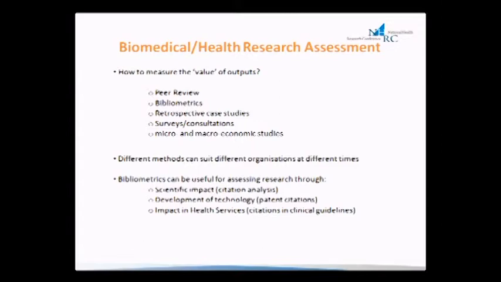You can use surveys and consultations, and there's the socio-economic aspect, which is very important to measure the impact of research. And so there's a lot of micro and macroeconomic studies that go on as well. And again, I'd reiterate that different methods of assessment will suit different profiles and different assessment exercises at different times, and indeed different organisations at different times.